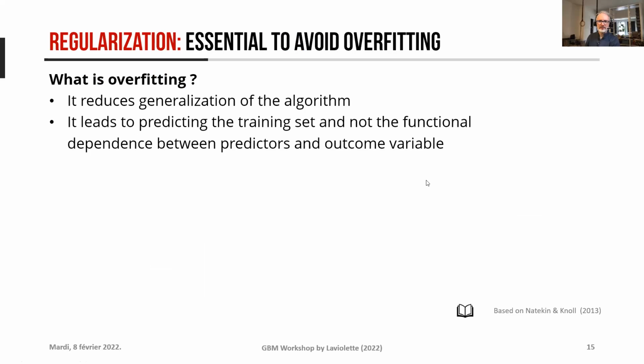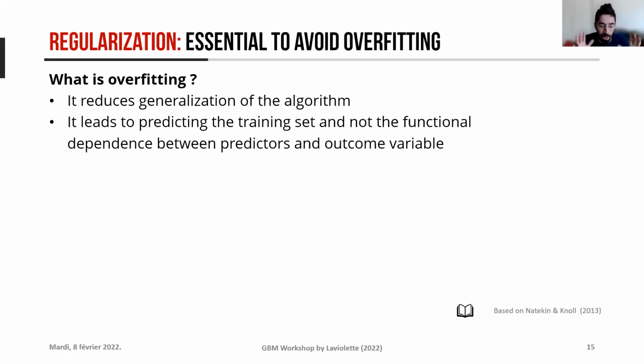Yeah, it sounds good. Okay, so as you asked the question of overfitting, one problem with gradient boosting is that you can overfit. What overfitting means is that it reduces the generalization of the algorithm, because it leads to predicting only the training set and not the functional dependence between your predictors and your outcome variable. With many trees, you can go up to a point where you reduce your error rate on your training set almost down to 0.